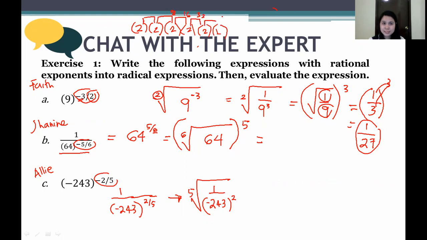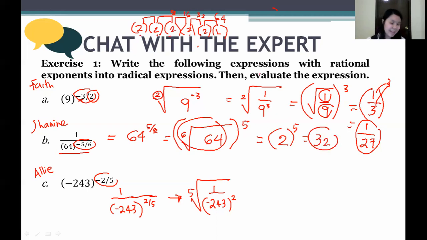Times 2 is 64. So the 6th root of 64 is 2. So we're done with this one. But there's the 5th power. So 2 to the 5th power is 2 times 2 times 2 times 2 times 2. The answer is 32. Any questions?